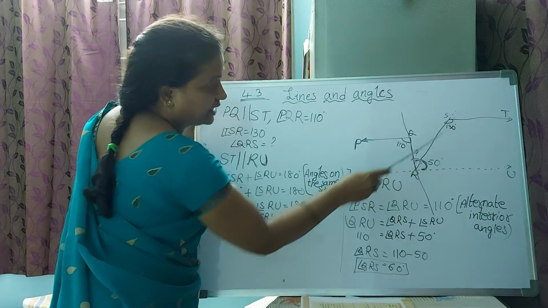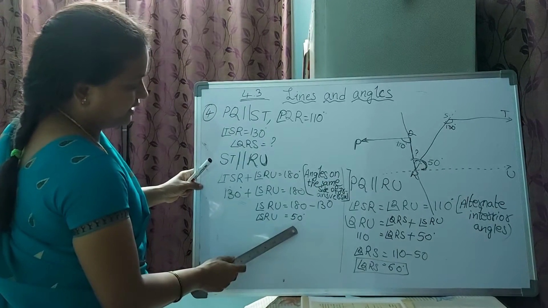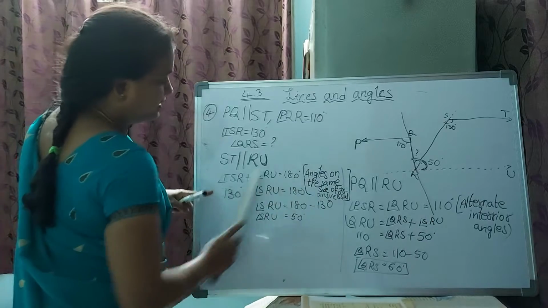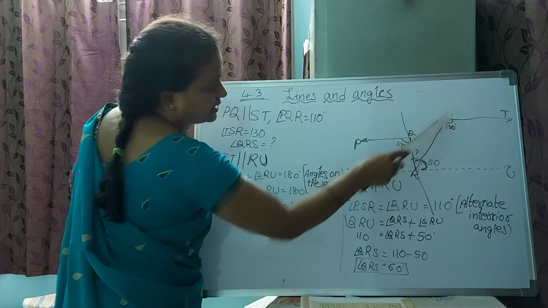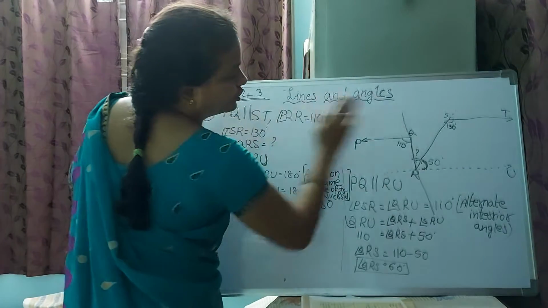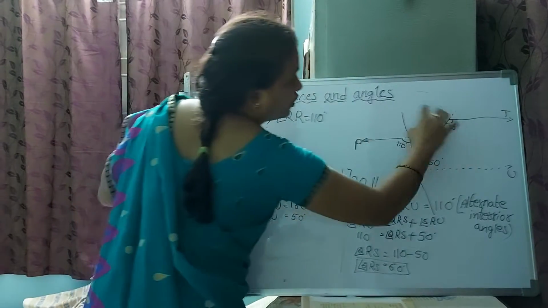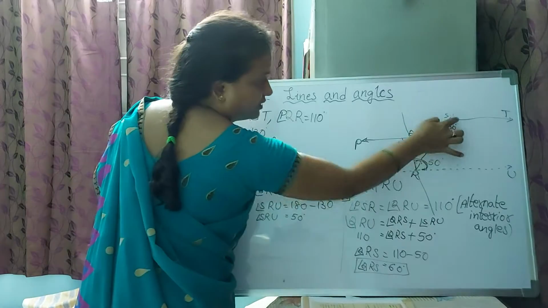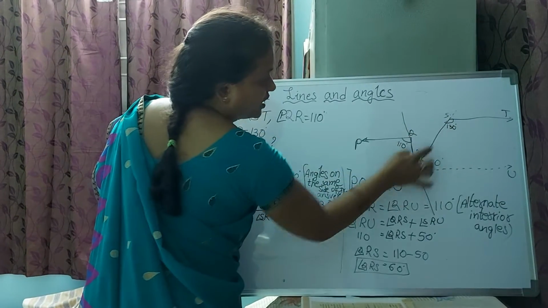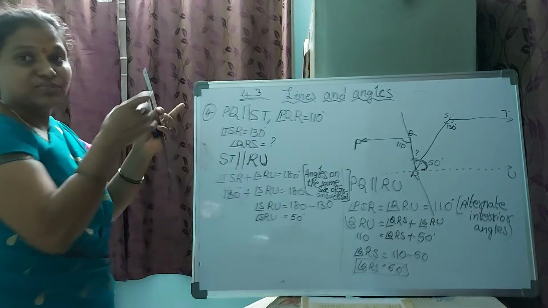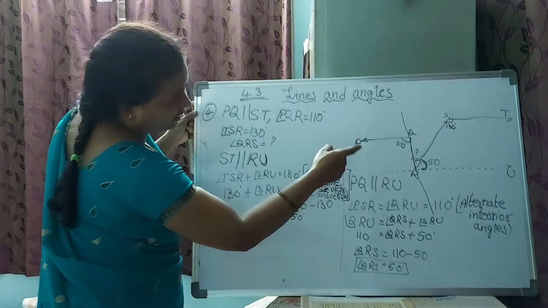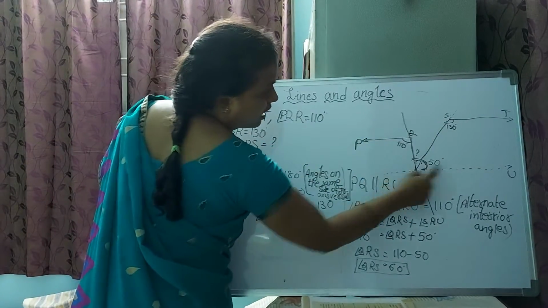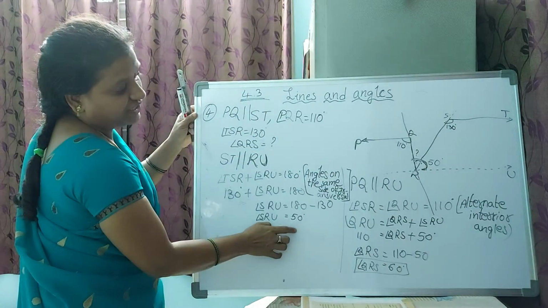If it is 130, what about this angle? 50 degrees. This is angle TSR plus angle SRU. Forget about the other line; imagine only these two lines, and these angles are on the same side of the transversal. So angle SRU is equal to 50 degrees.